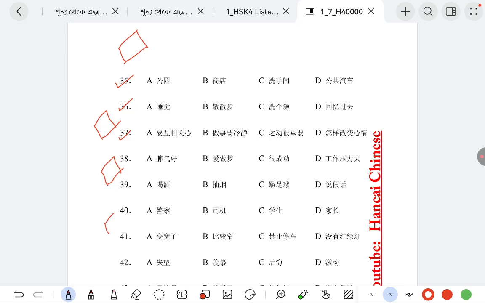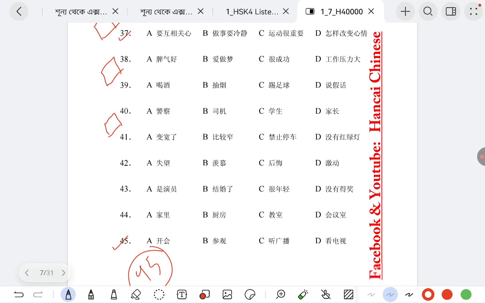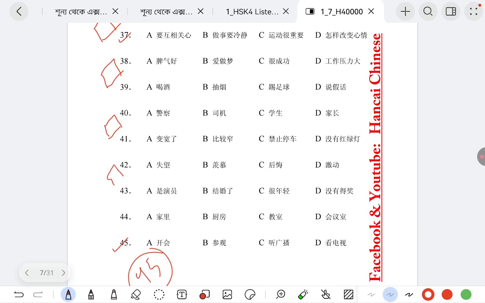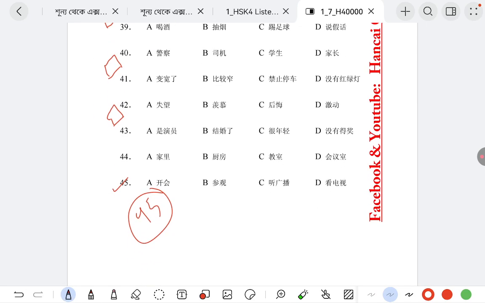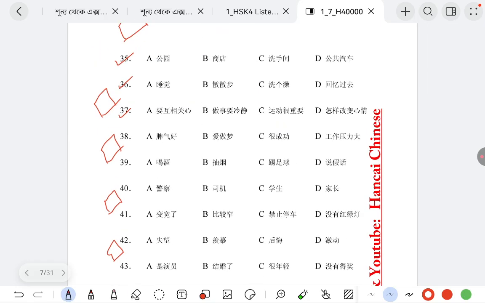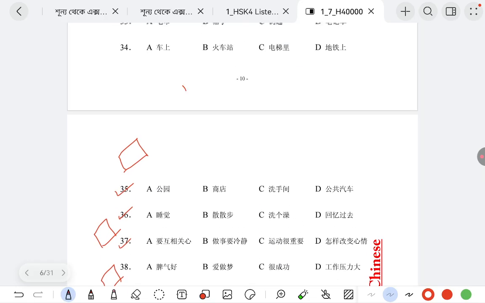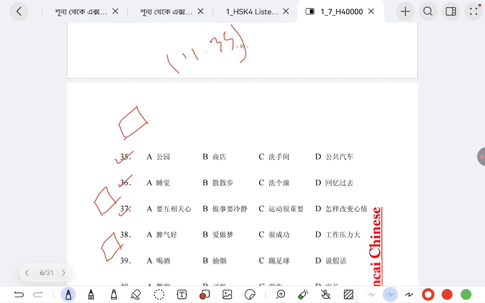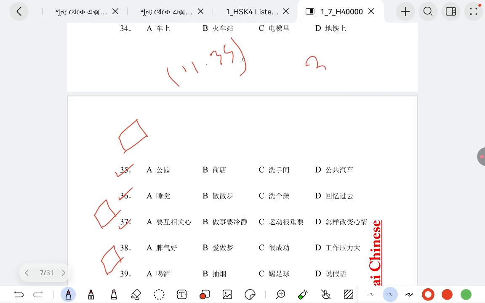This one is a little bit harder than the previous part, but we will solve it together, so it will not be hard. For each two questions you have one audio, that's why I separate them from 11 to 35, and in another video we will talk about questions 36 to 45.